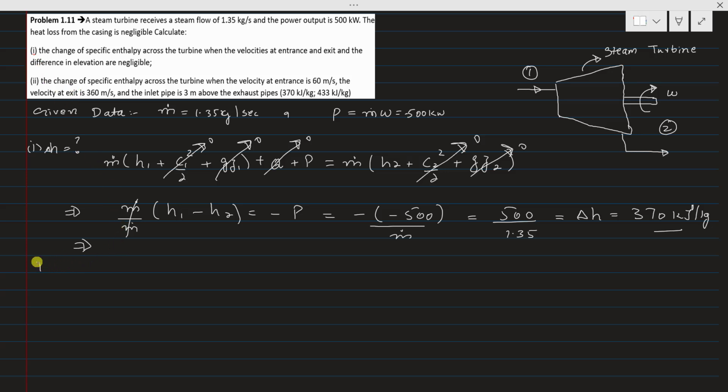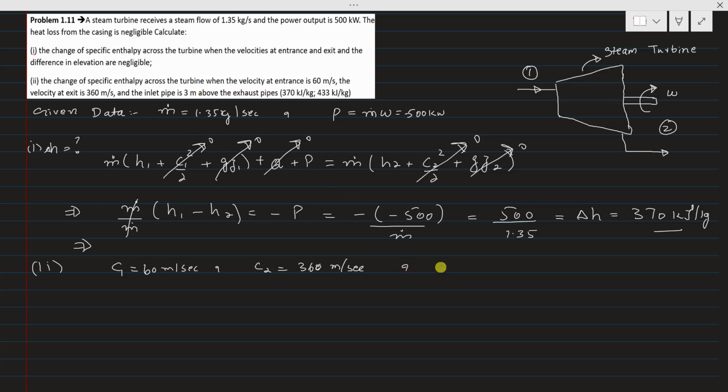Come to the second case. Again, write the steady flow energy equation and then put in the required values that are given. C1 is 60 meter per second. Velocity at exit C2 is 360 meter per second, and the inlet pipe is 3 meter above the exhaust pipe.